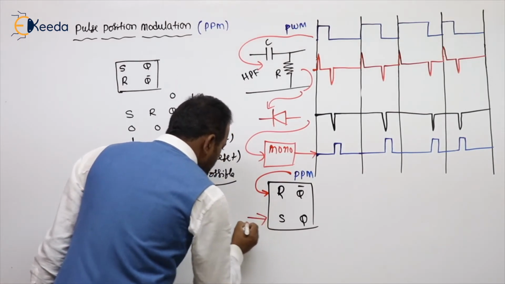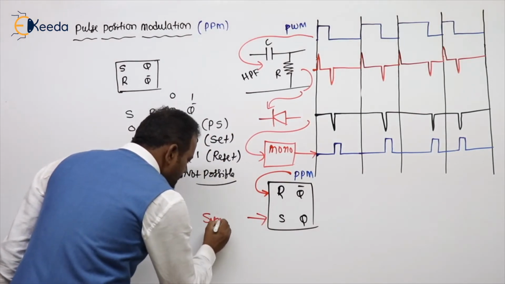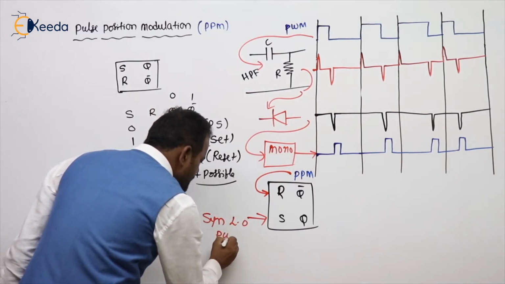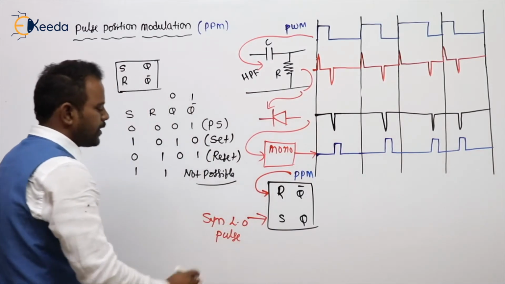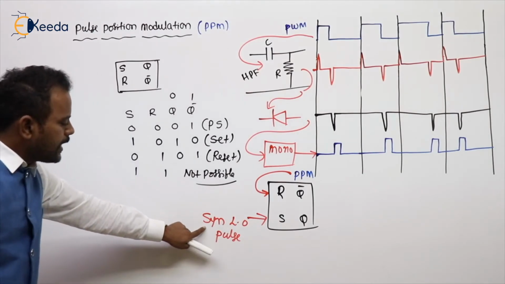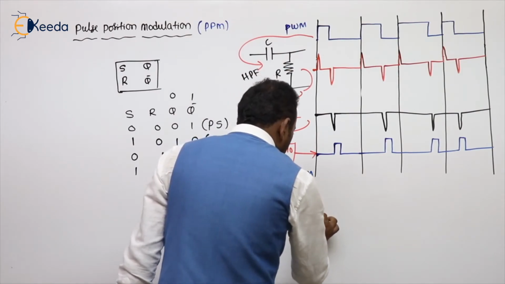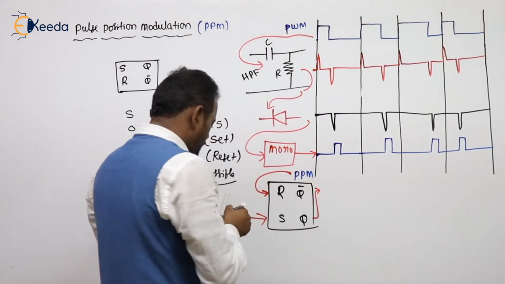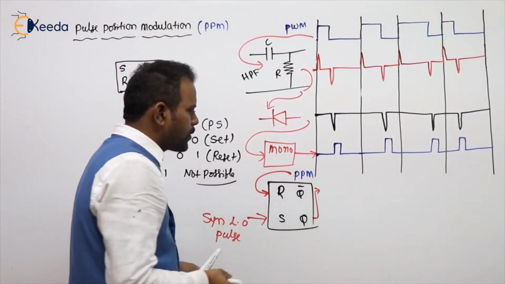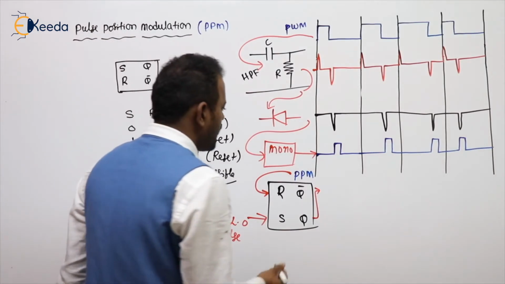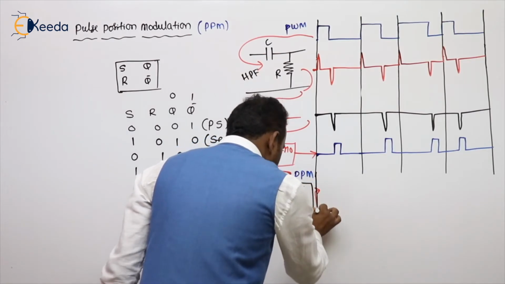And here, to the S terminal, we give the synchronized local oscillator pulses at the required rate. Now the output we take from the Q terminal, and that Q terminal output is nothing but PWM. How is that PWM? Let's extend this.